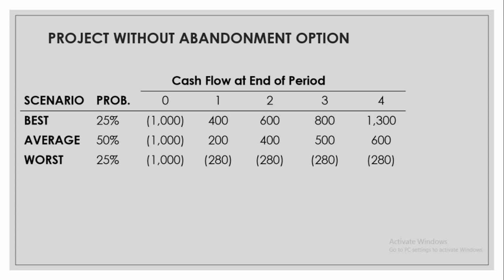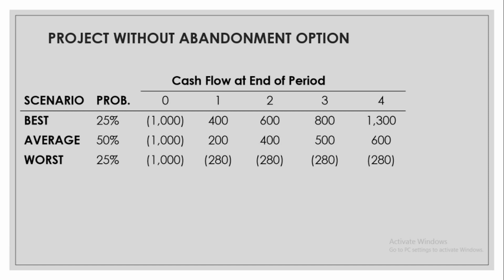For the best scenario, 400, 600, 800, and 1,300 are its inflows for year 1, year 2, year 3, and year 4 respectively, followed by 200, 400, 500, 600 for the average scenario, and negative 280, negative 280, negative 280, and negative 280 for the worst case scenario.